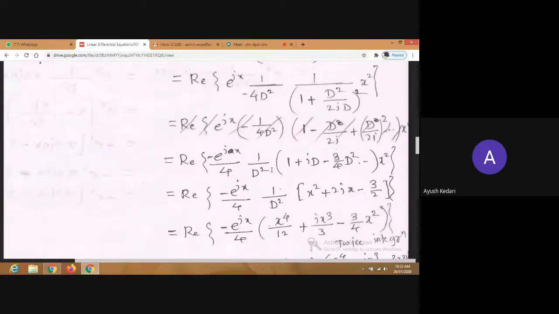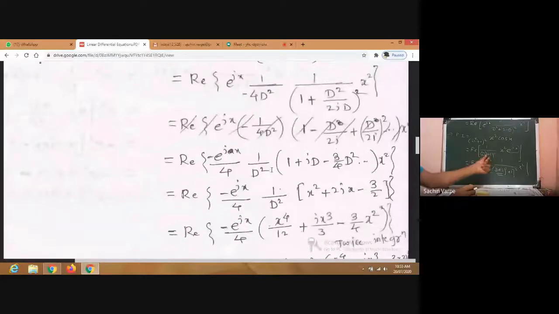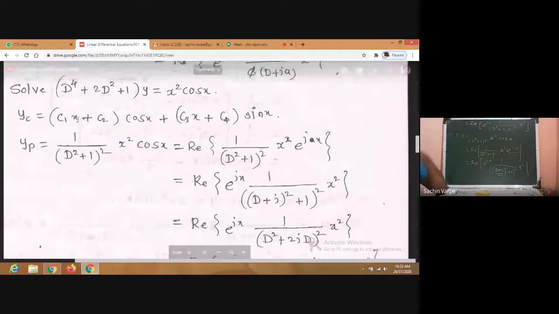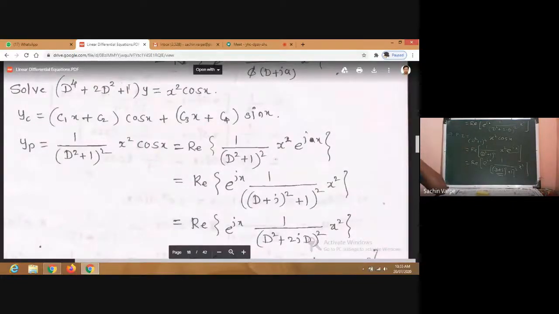So, sir, then (D plus i) square plus 1, why again whole square? This is square, no? D square plus 1 the whole square we are having, no? Actually, phi of D, you can check. Phi of D is D raised to 4 plus 2D square plus 1. That is the expansion of (D square plus 1) the whole square, no?